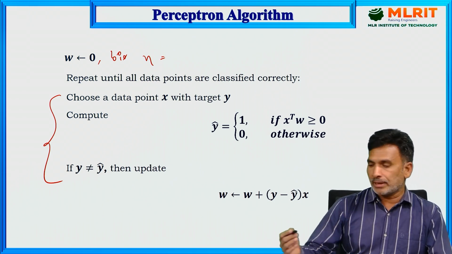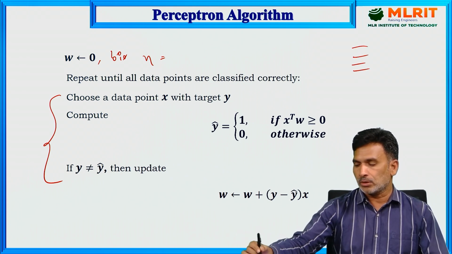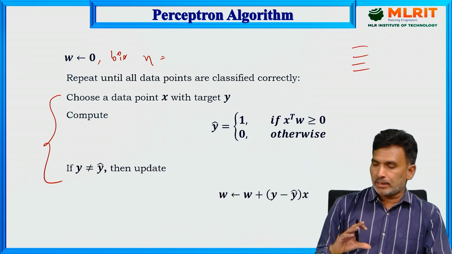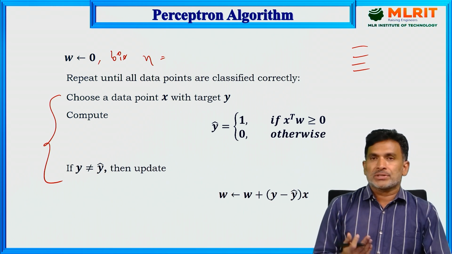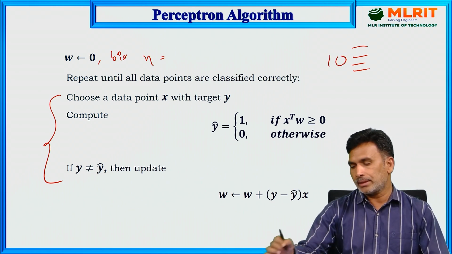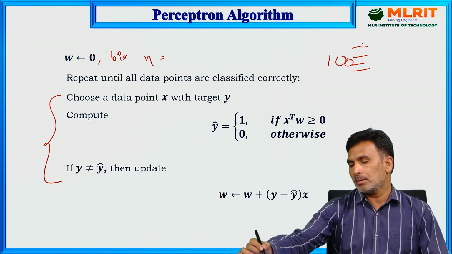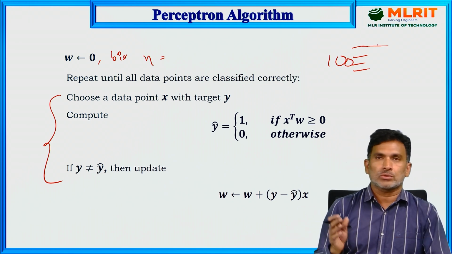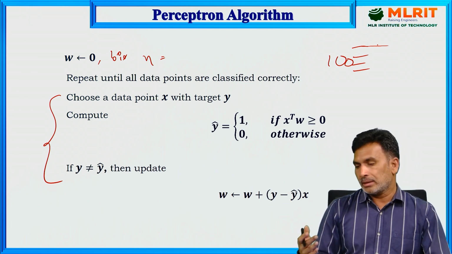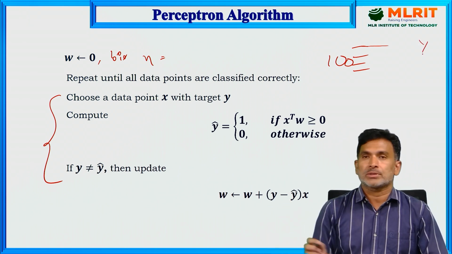Data points means, suppose you take any data set, there will be rows. If you take classification as an example, suppose there are some 100 samples, so there will be input features like x1, x2, x3 and so on, if there are n number of features, and there will be one output also.